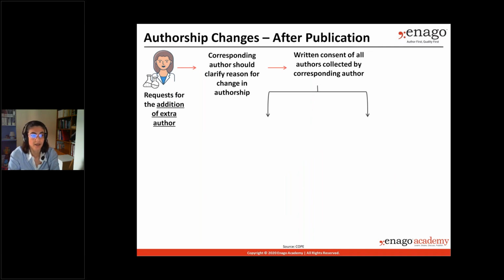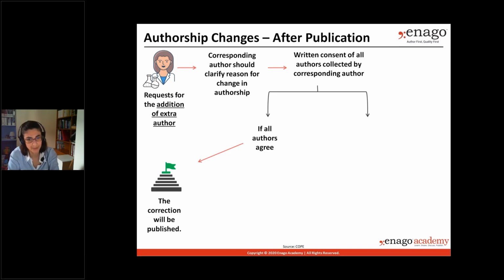Now, what happens if these changes need to be made after a manuscript has been published? This is even more challenging and definitely a scenario one wants to avoid. The corresponding author here would need to clarify the reasons again for this change in authorship and obtain written consent from all authors. If they all agree, the correction will be published.